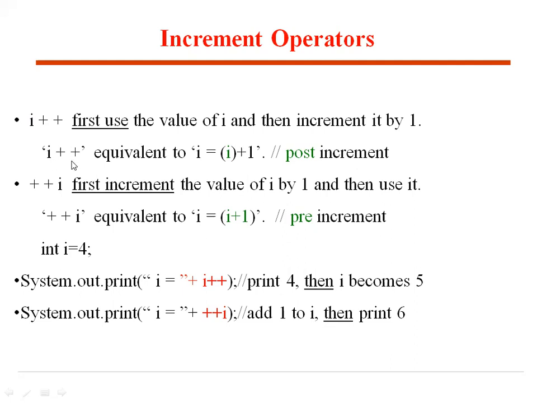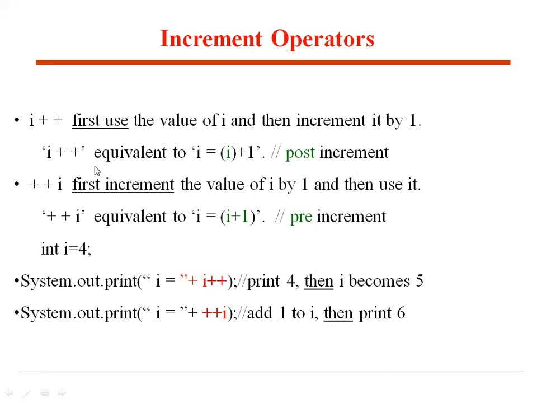So i plus plus is equivalent to i is equal to i plus 1. See here, i is enclosed in a parenthesis. That means first use the value of i. The current value of i is used here, and after that the value of i is incremented.